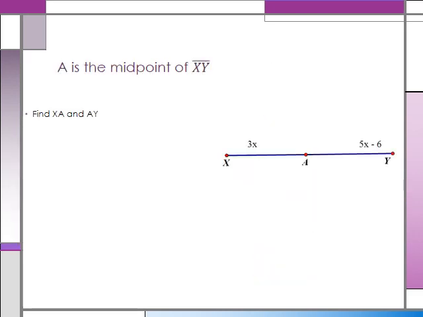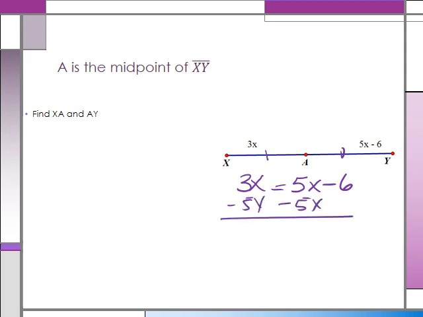If I know that A is the midpoint of XY, and you want to find the distance between XA and AY, then since it's the midpoint, we know that these are congruent, or their measures are equal. So 3x equals 5x minus 6. If I subtract 5x from both sides, negative 2x equals negative 6. If I divide by negative 2, x equals 3. And again, we're not done.